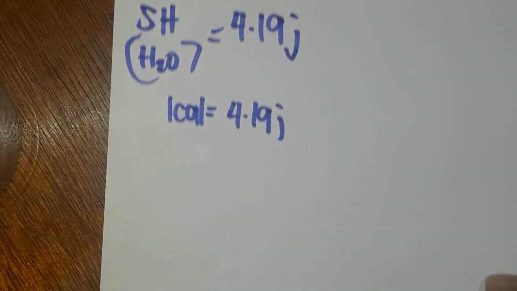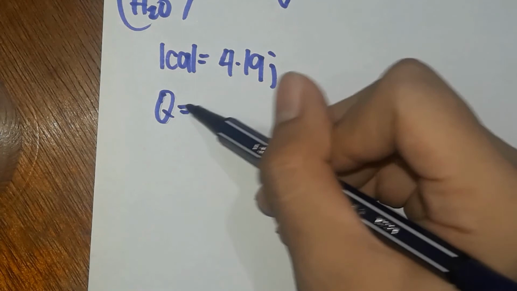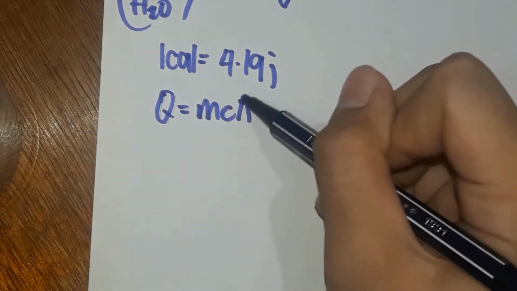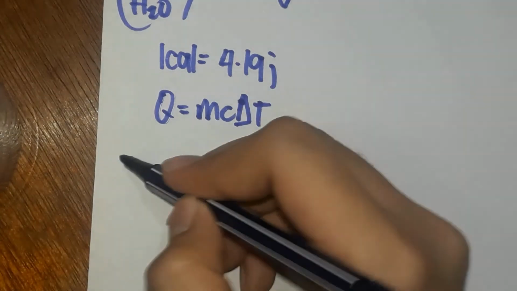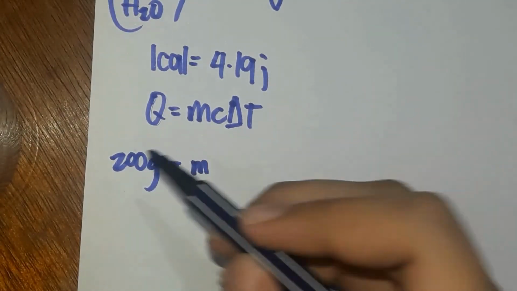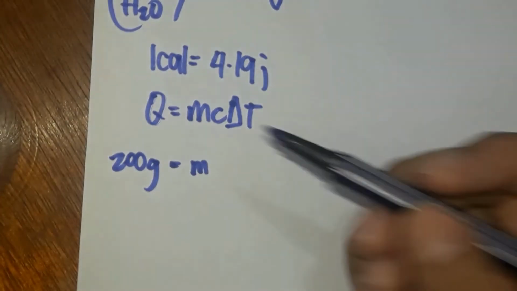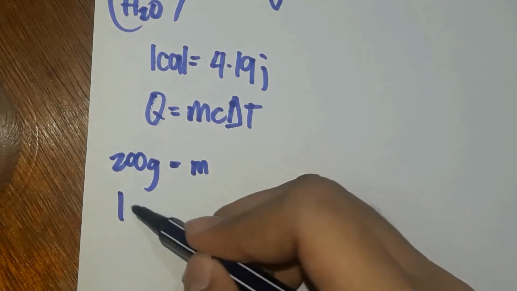Okay? Now, again, this is a specific heat problem, so we're going to use Q equals mcΔT as our formula. Now, we have 200 grams as one of our givens, which means this will be our mass. We also have the calorie. We're going to use the 1 cal because the question is asking for calories.